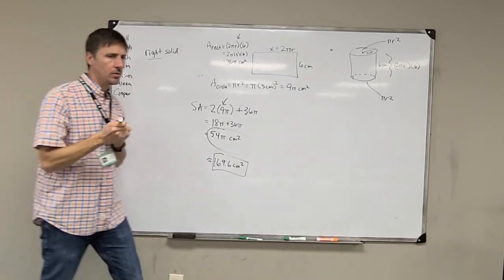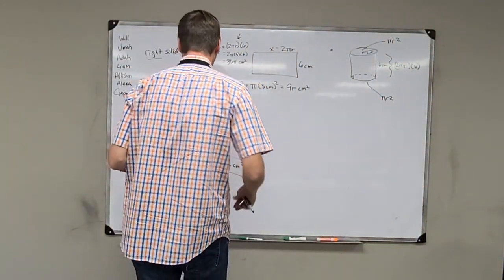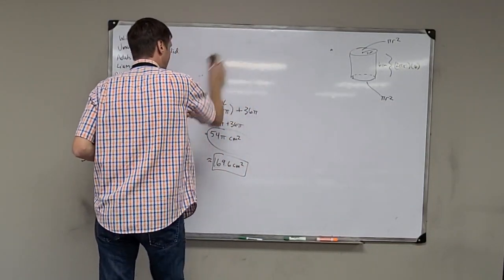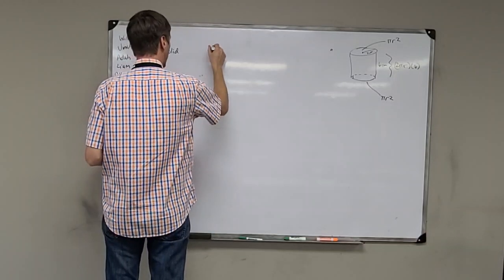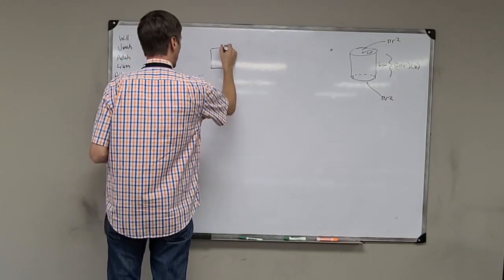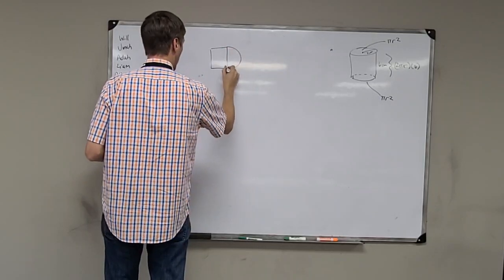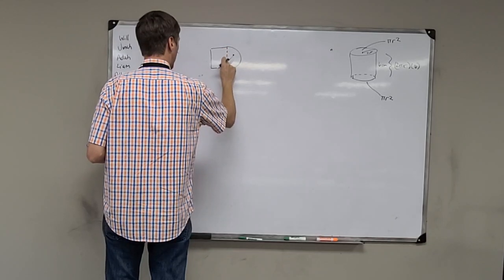Okay. And so let me show you what I mean. We can have a shape that was a little bit different, but the process is exactly the same. So what if we had a shape that looked like this? On the bottom, on the top and the bottom. Let's make this a dotted line.